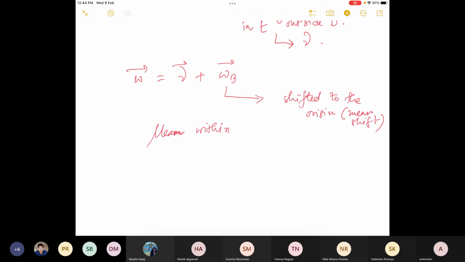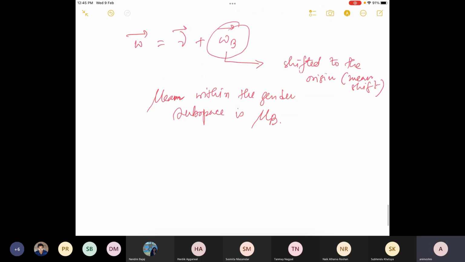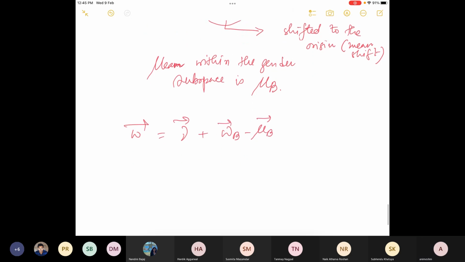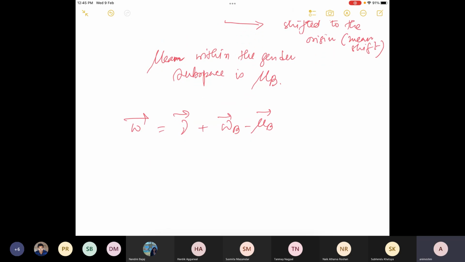Within the gender subspace is mu B. So I want to replace this WB with, so now I have this. Okay. Now, so far, so good.